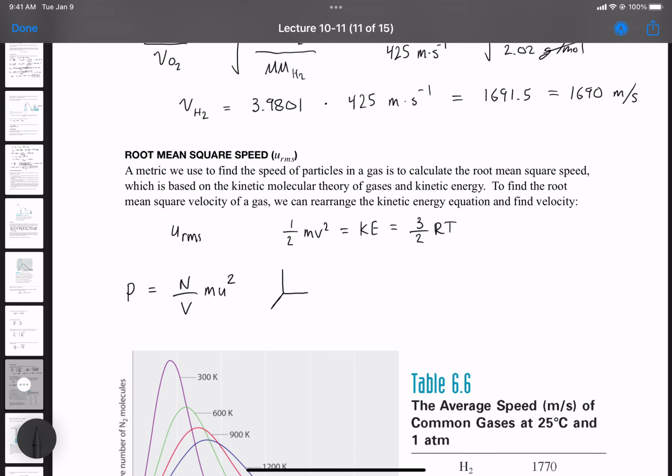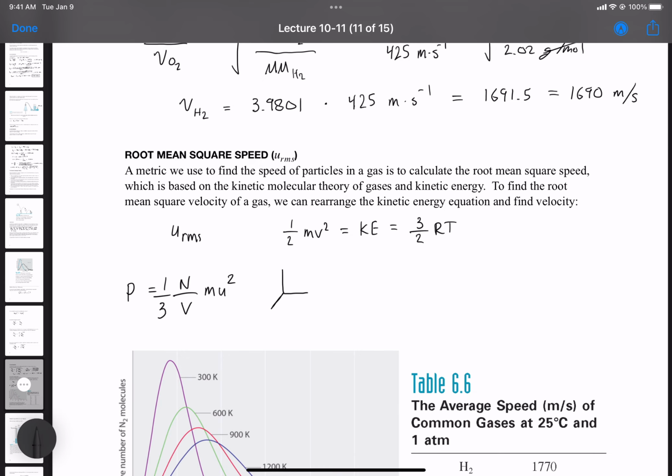So we're going to average that out and put 1/3. The pressure of a gas is going to be a combination of all three, but the average pressure, since it can move in any of the three directions, we say 1/3 NV mu squared.